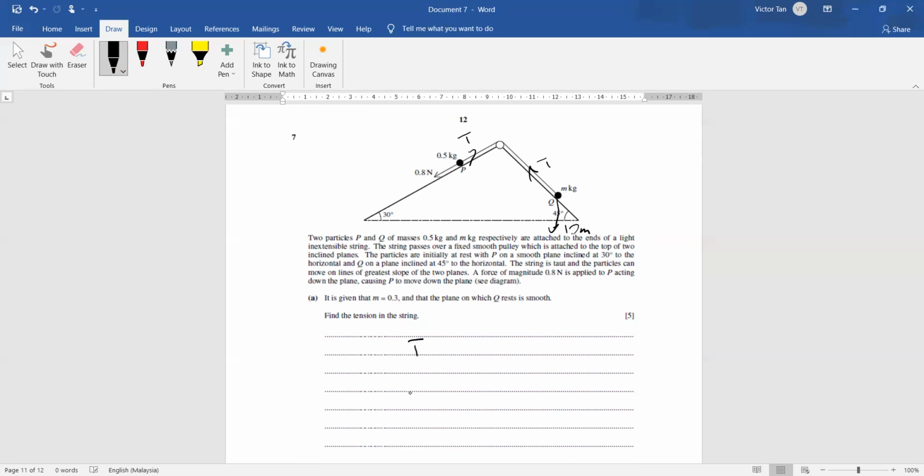So T should be 10 m sine 45. Okay, so m is 0.3, so 10 times 0.3 times sine 45 is 3 root 2 over 2 Newton.